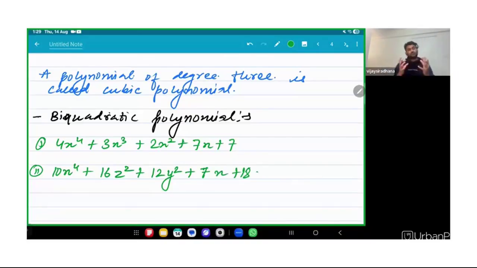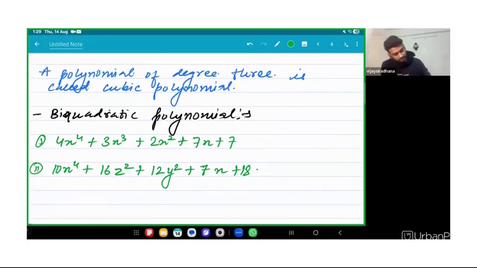Now, in this equation, students, you might be seeing that the highest exponent over here is nothing but 4. So this is something which is known as the biquadratic polynomial.